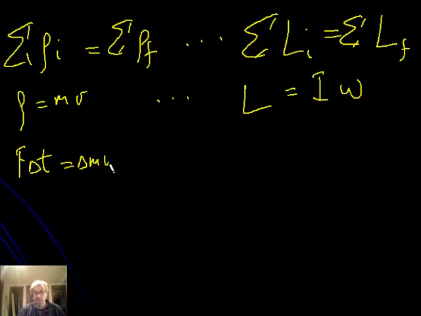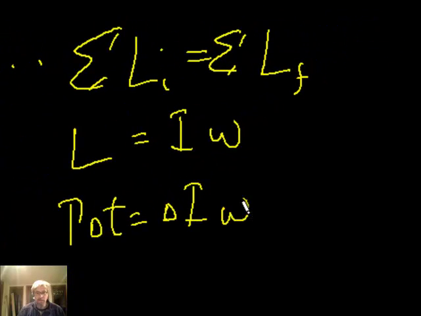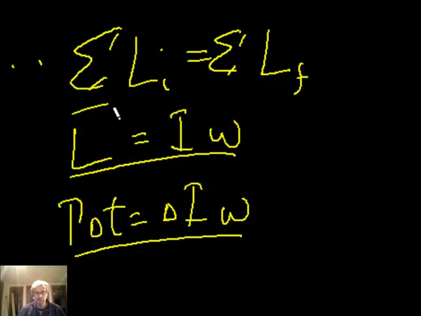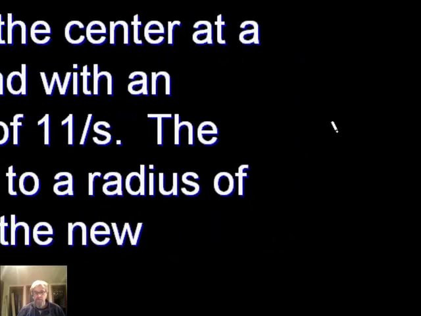For linear systems, F delta T is equal to delta mv. Well, by the same token, then, torque times delta T must be equal to delta I omega. So, impulse for rotary, momentum for rotary, conservation of momentum for rotary motion.